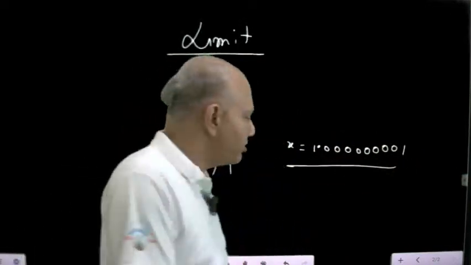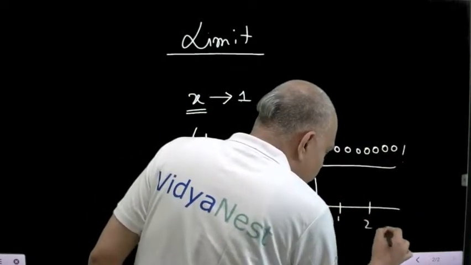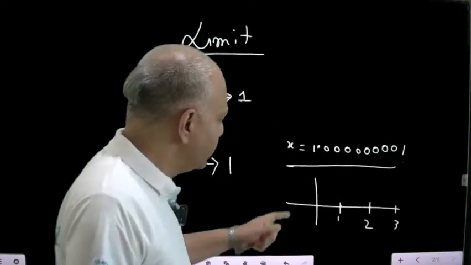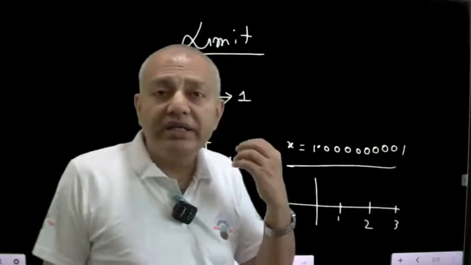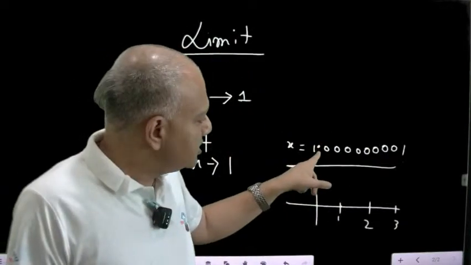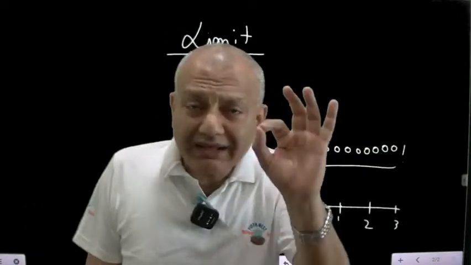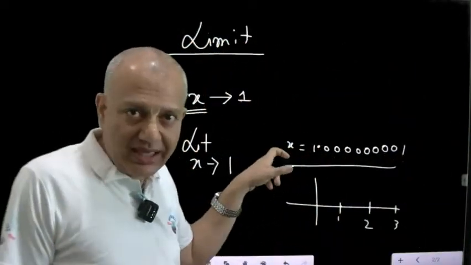If I plot 1, 2, 3, in this way x is having an extremely nearer value, because the amount is more than 1 by 0.0000000, that much of extra value.